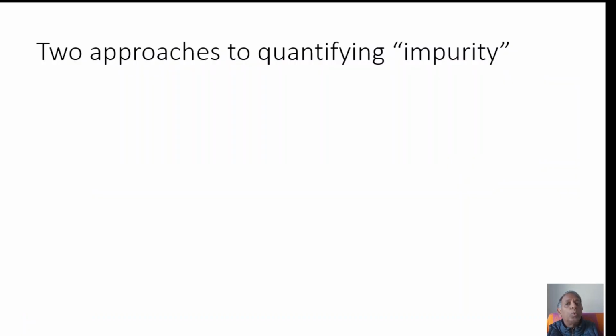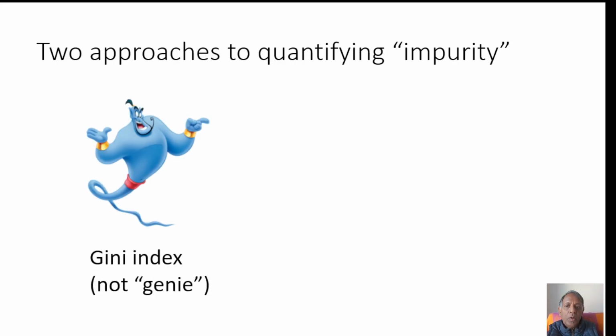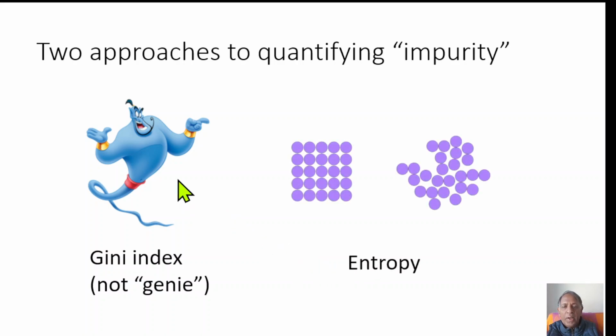There are two different approaches to quantifying the impurity of a tree, not of an individual node. First we'll define it for an individual node, and then we'll blow it up to the entire tree. So two measures of impurity, and we could use either measure. One is called the Gini index. I used a picture to indicate Gini, but of course it's not Gini, it's Gini.